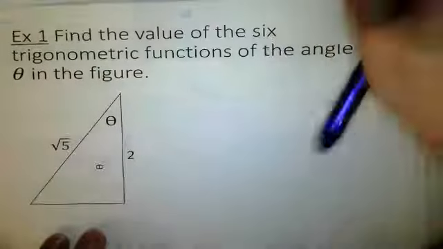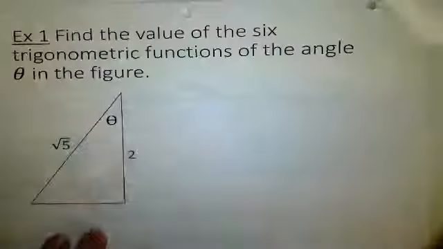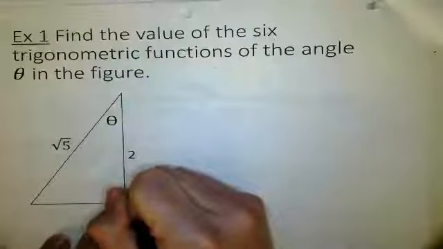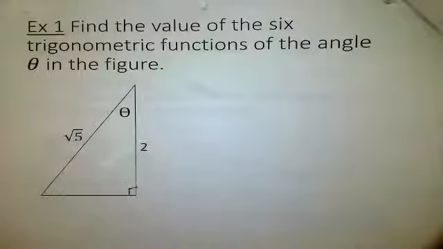Here we go. This is it, just so you know. There is a right angle here. Example 1. Find the value of the 6 trigonometric functions of the angle theta in the figure. You'll notice angle theta is in a different place, right?